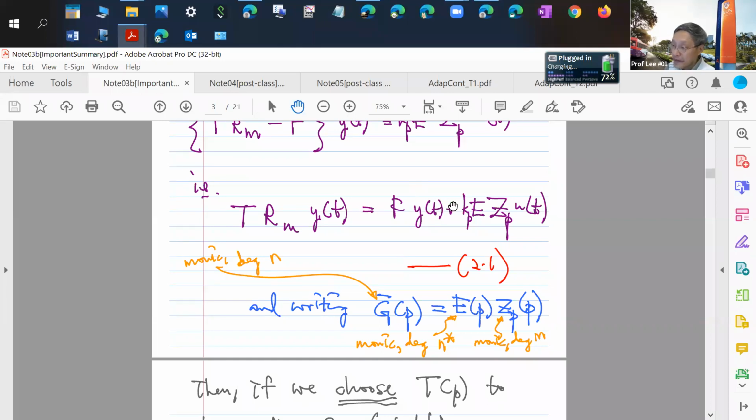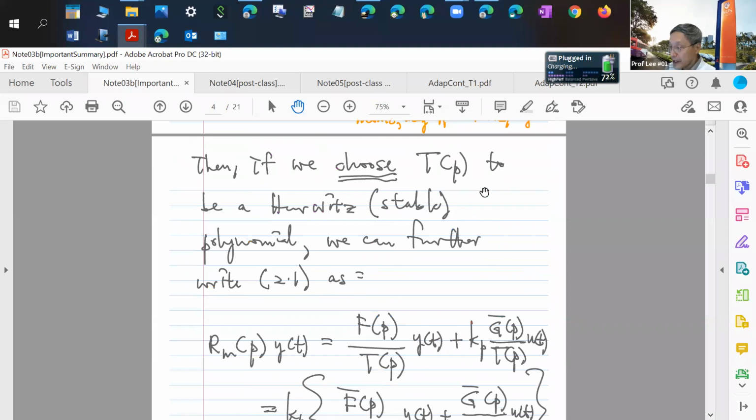The moment you want to operate with a 1 over T filter, straight away, a constraint comes in that your T P needs to be Hurwitz, right, stable. But that's not a problem, as you saw. T P is a design polynomial that we will choose, all right?